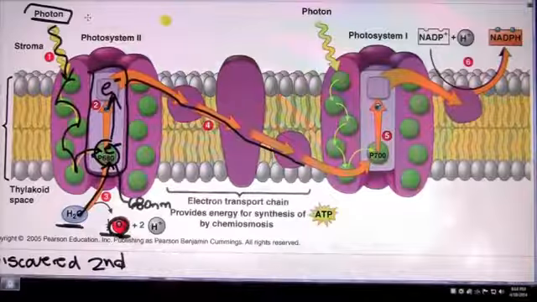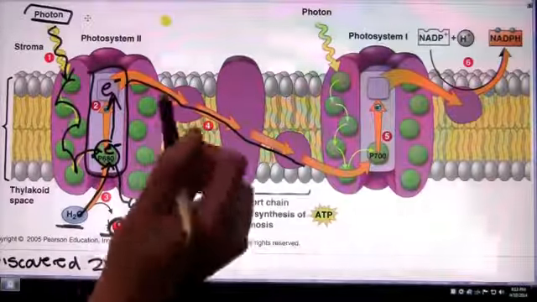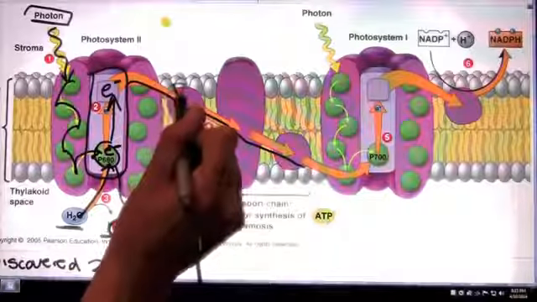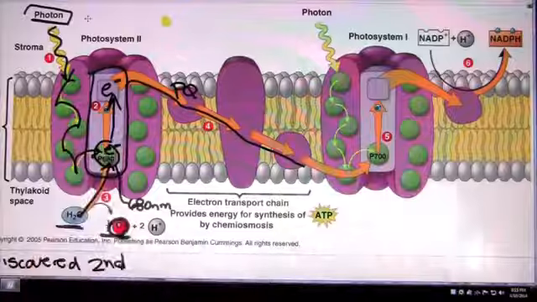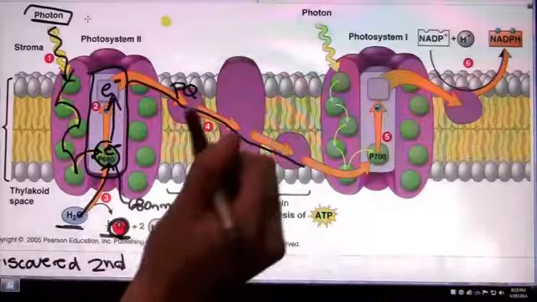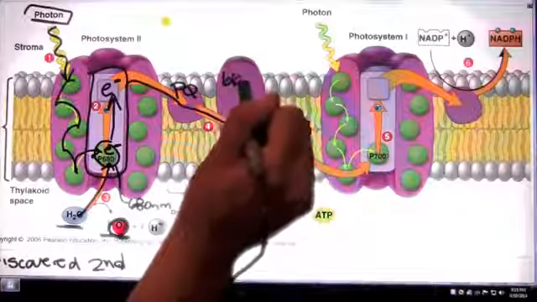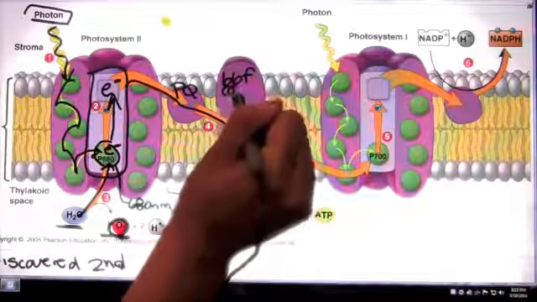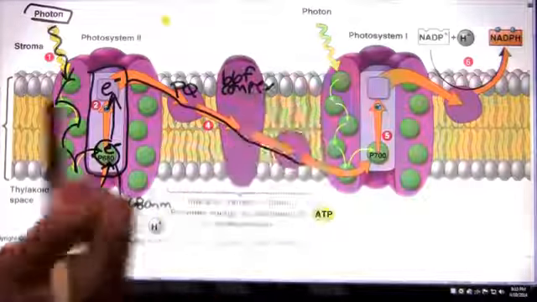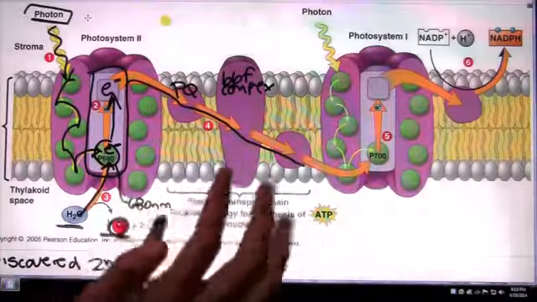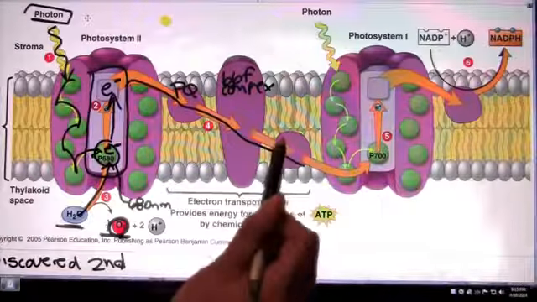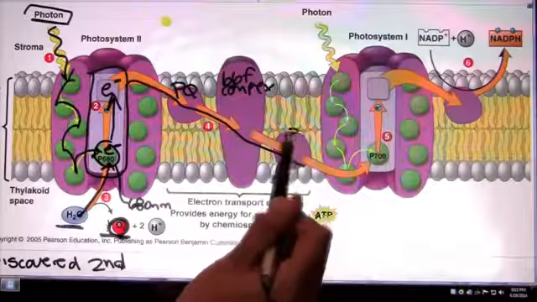The first protein is called plastoquinone, but for short I'll call it PQ. The electron then goes from PQ to the B6F complex, which is just a cytochrome complex, and then it travels down to PC.